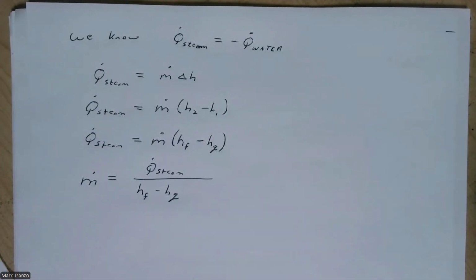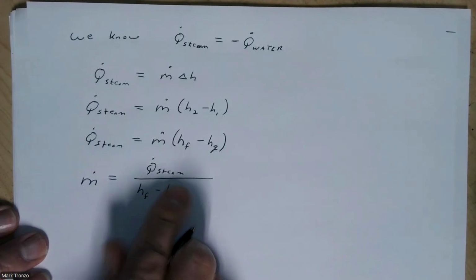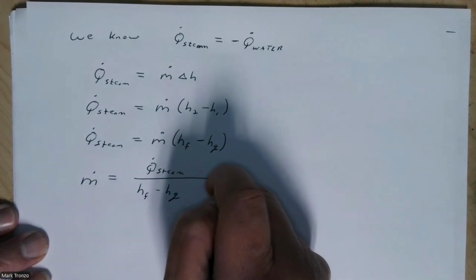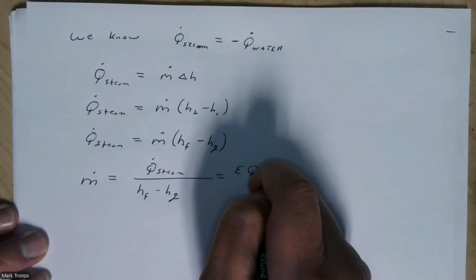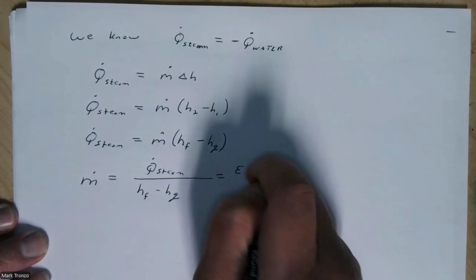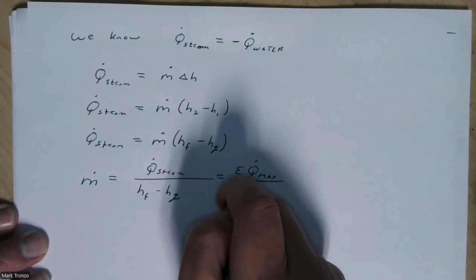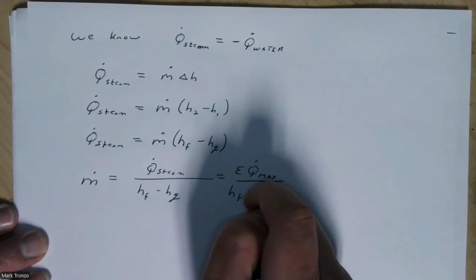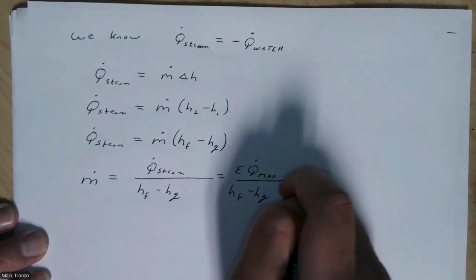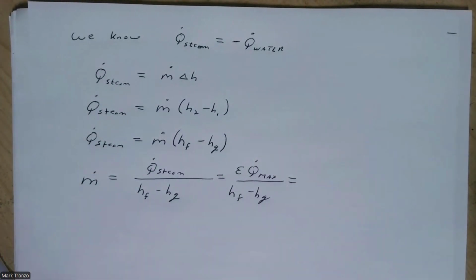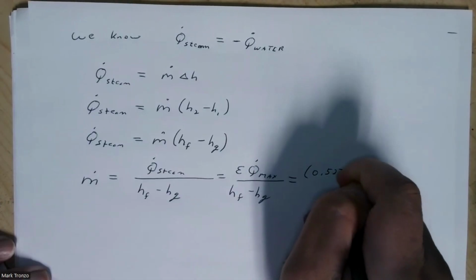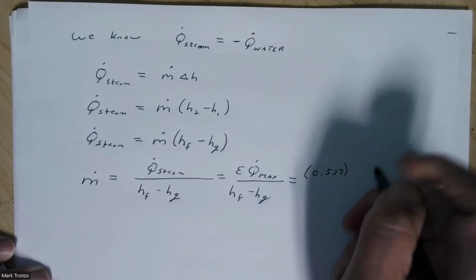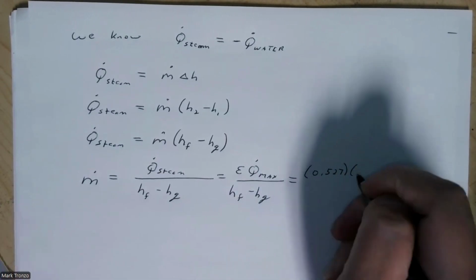And then finally, we know that Q dot steam was going to be our epsilon times our Q max.